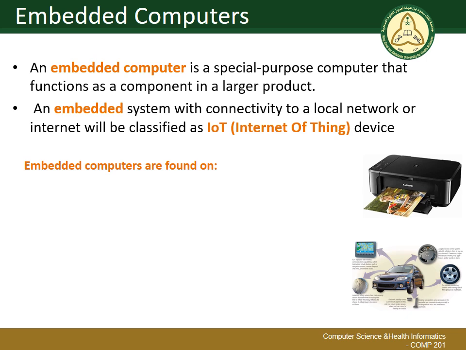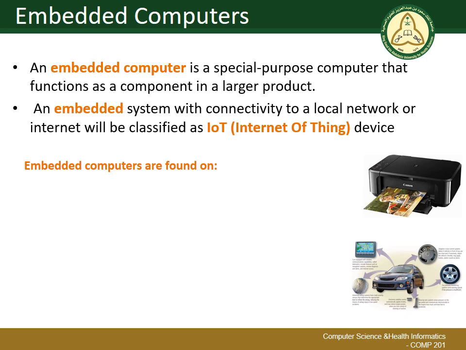But if we embed the computer inside the body of this machine, we can now program this device or program this body. We can make it follow some instructions. We can force it to do a certain task or to control certain things.